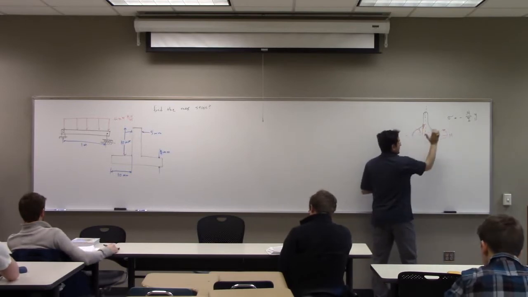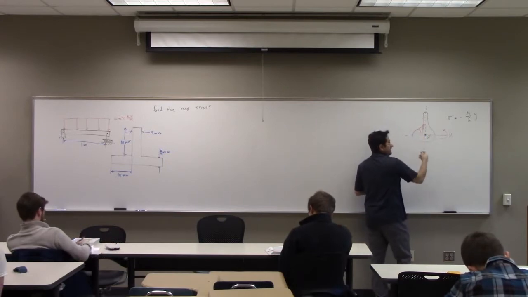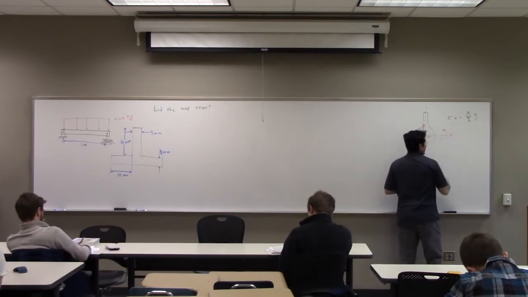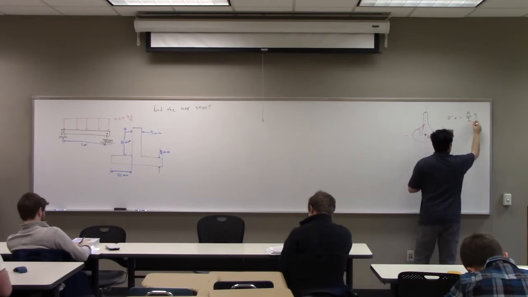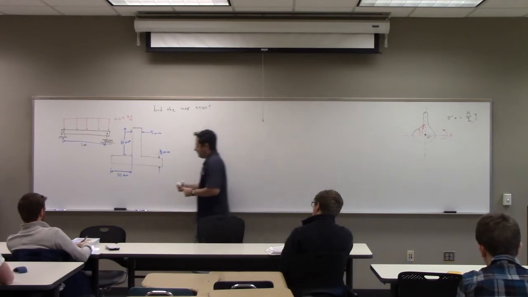You can see that when you have a bending moment like that, here is compression, and this area is tension. You have this formula, and y here is with respect to the axis that's in the center. So we have all these things.